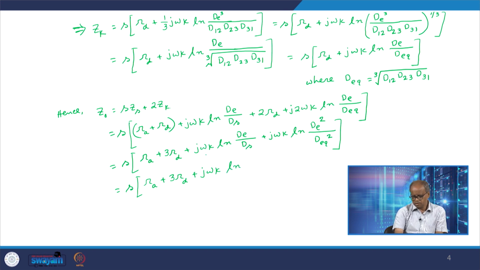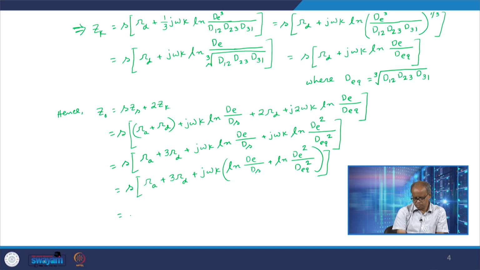If I now apply the logarithmic rule, it would be log dE by ds plus log d square by dEq square.